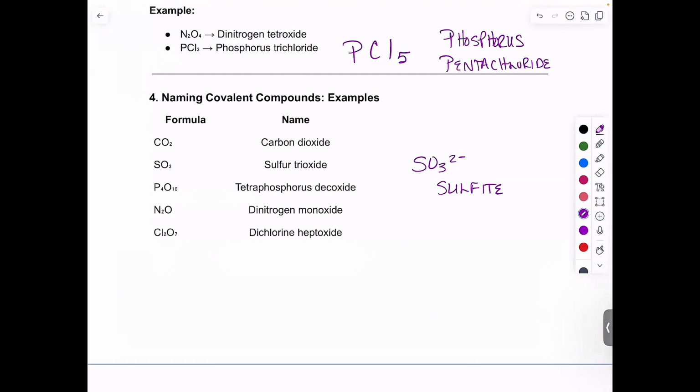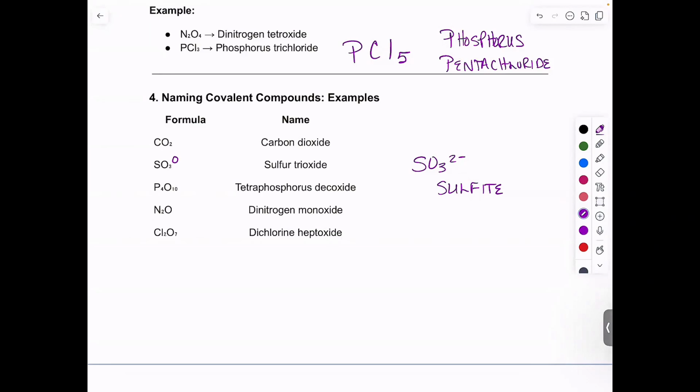It carries a 2 minus charge, as opposed to SO3, which we assume is neutral. I just put that 0 up there to indicate that it is a neutral compound and doesn't carry a charge. I wanted to clarify that. As we go down the list here, we have tetraphosphorus decoxide, dinitrogen monoxide, and dichlorine heptoxide. So there are a lot of flavors here. You can have the same two nonmetallic elements, but with different numbers.